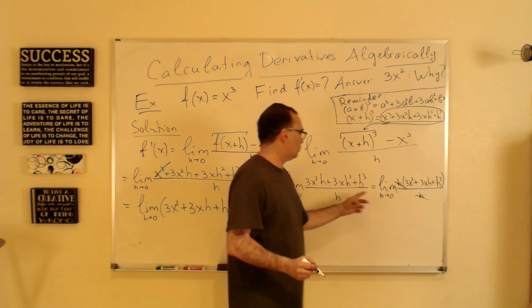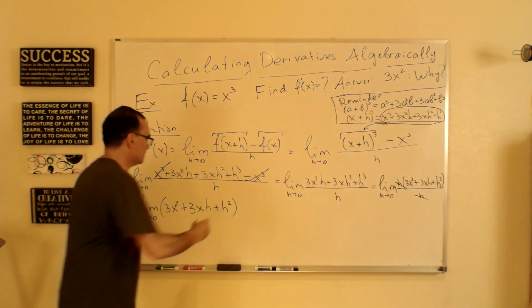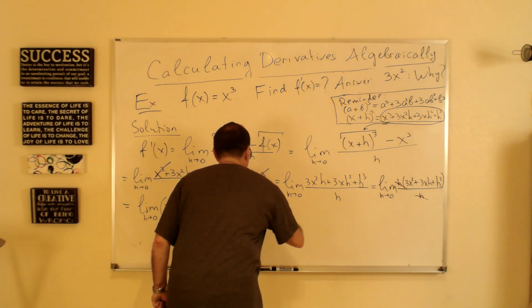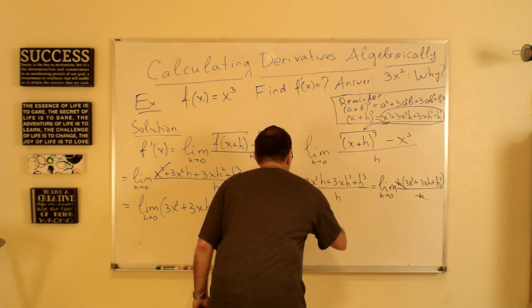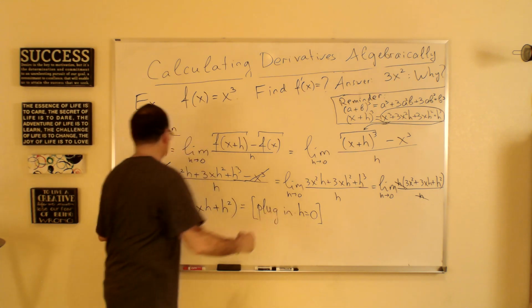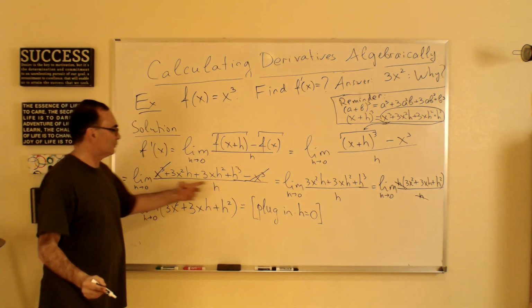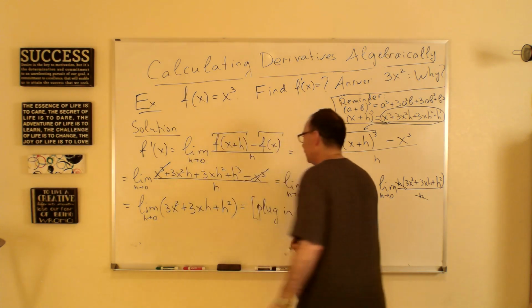We could not plug it in before because before it would end up 0 over 0. But now we can, and so we plug in h equals 0. Again, we are allowed to do that because we know that this is a continuous function, because it is expressed with a single formula, and most functions expressed with a single formula are continuous.